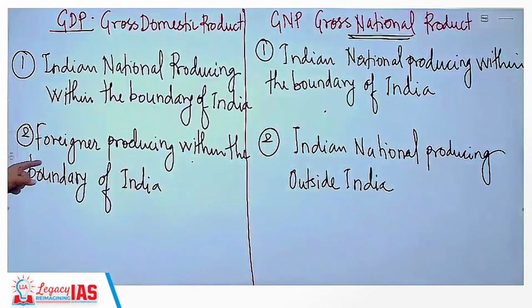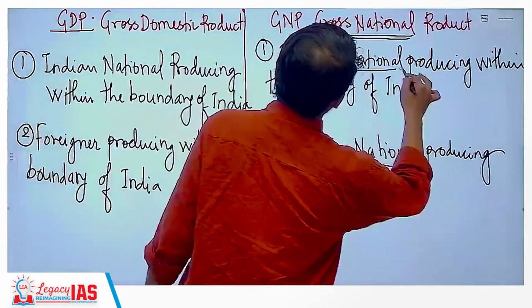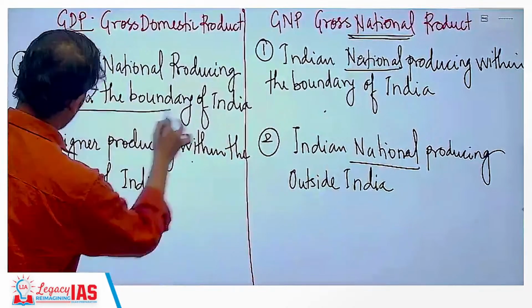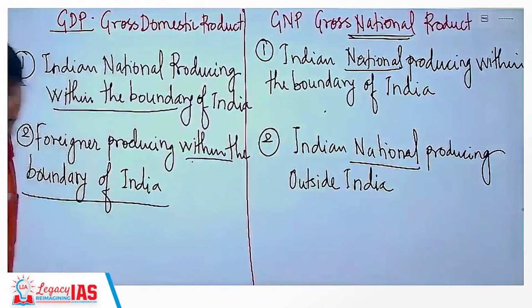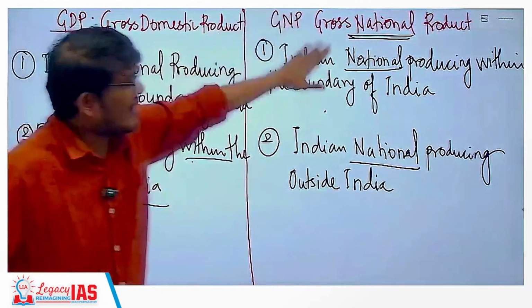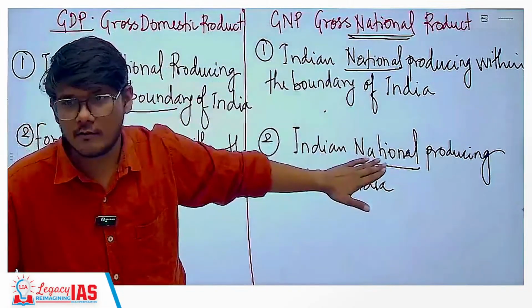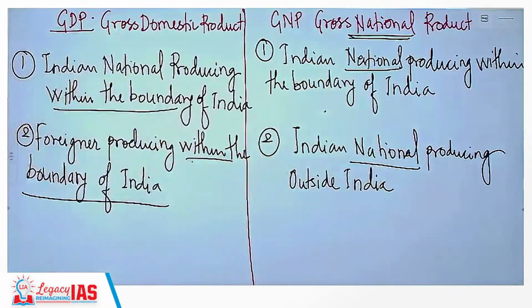And here what was it? Foreigner producing within the boundary. So here it is national, and here within the boundary is constant. Within the boundary should be there here, and Indian national should be there here, right? So these are the two components.